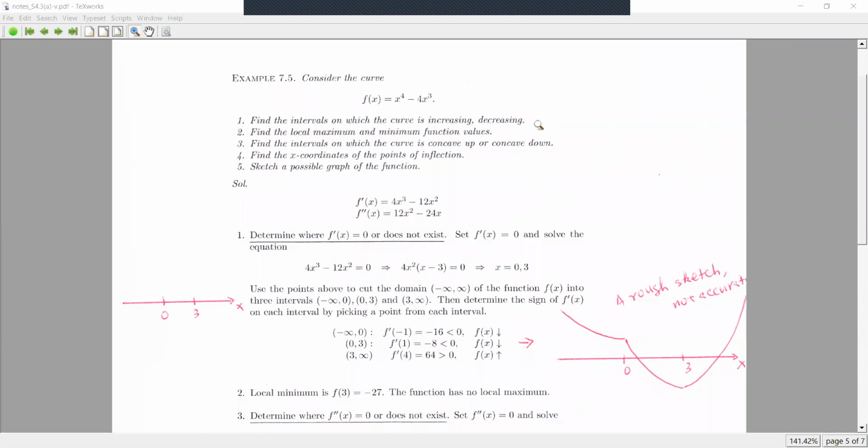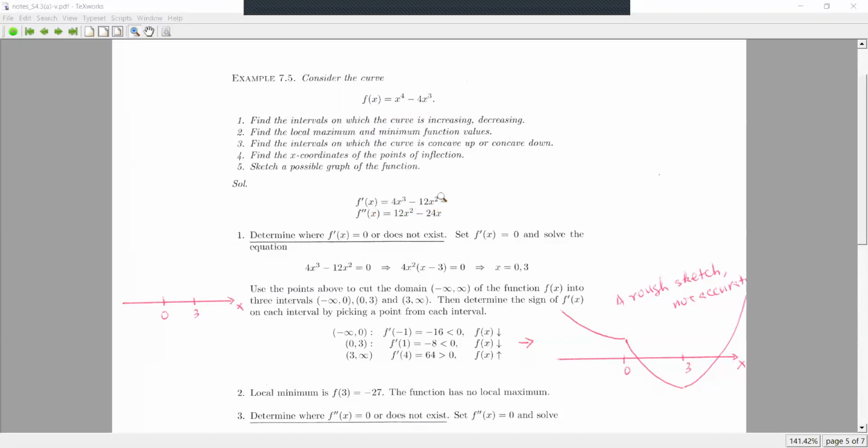Recall that increasing and decreasing are determined by the first derivative. First derivative greater than 0, increasing. Less than 0, decreasing. Okay, now I compute the derivative of this function.